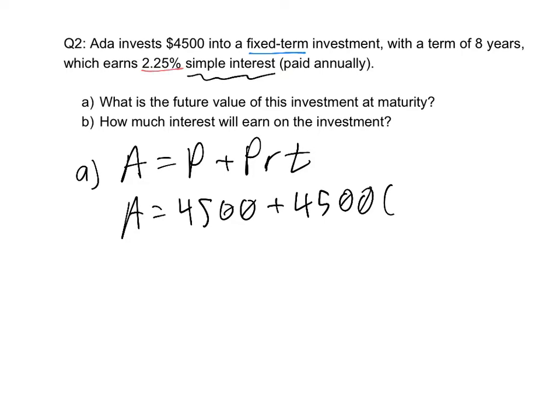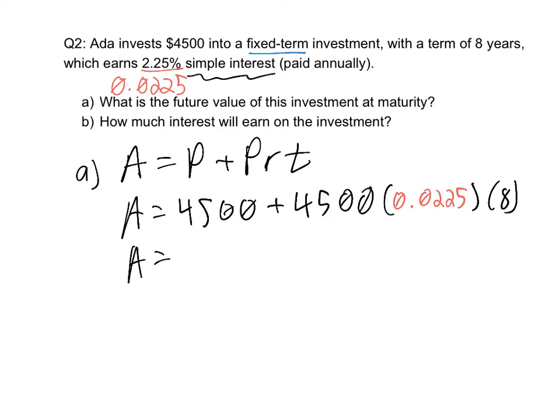We have 2.25%, and we want to convert that to a decimal. Doing that gives 0.0225. We can also do that calculation by taking the 2.25% and dividing it by 100. So 0.0225, and the time in years is 8.